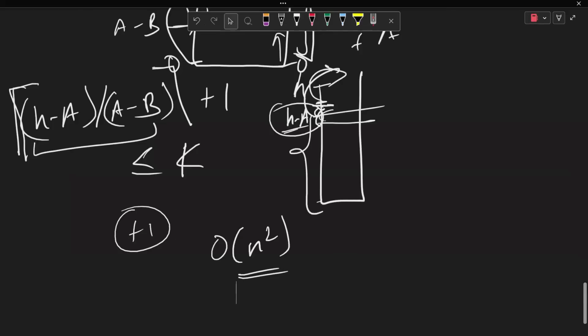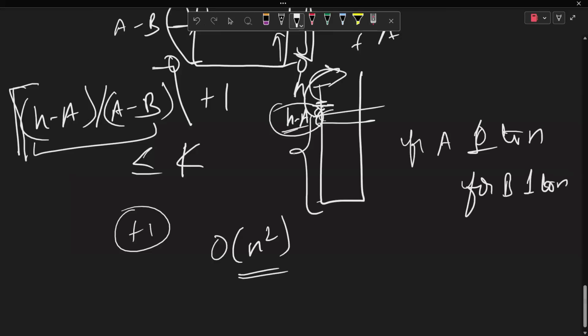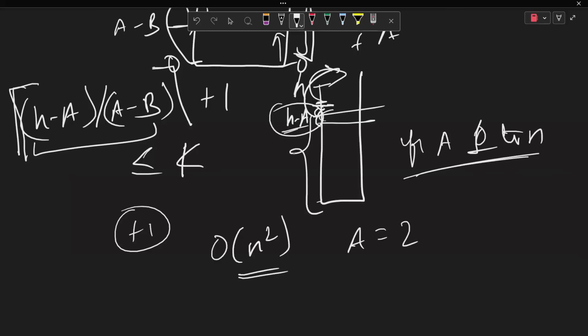Now to optimize it, what we can see, instead of iterating for all a from 1 to n, and then for all b from 1 to n, let's say we iterate only for all a's. If we iterate only for all a's, let's say we fix an a, let's say we are at a equal to 2, then we just need to count how many values of b we can have so that it comes out in k seconds.